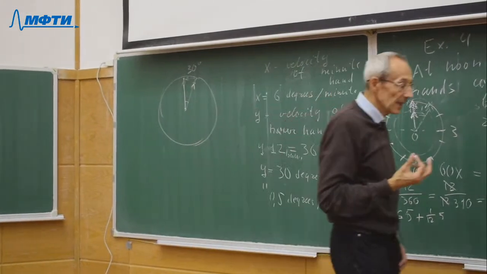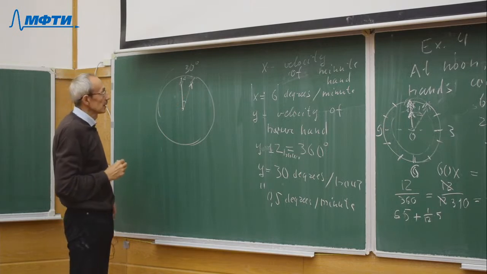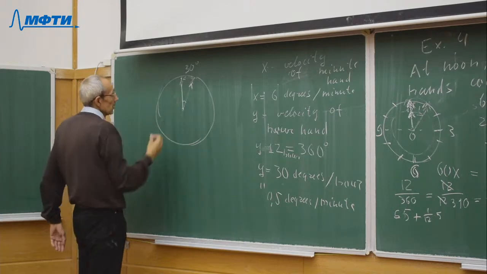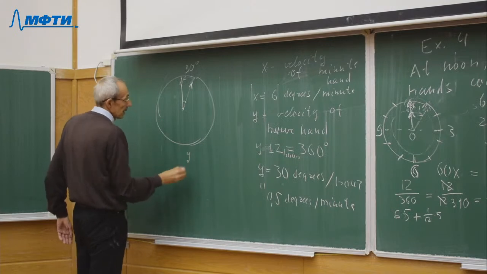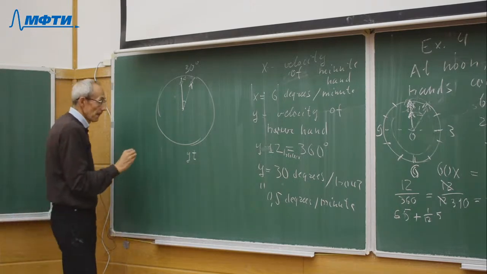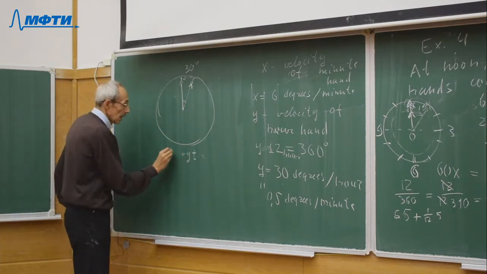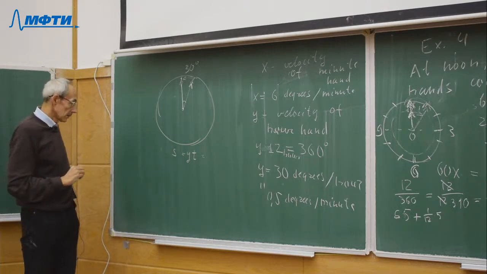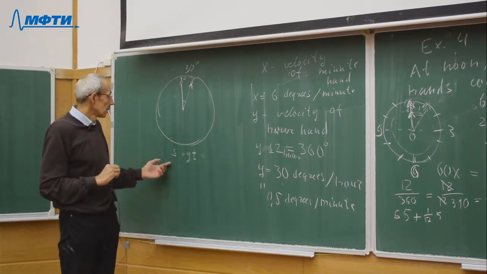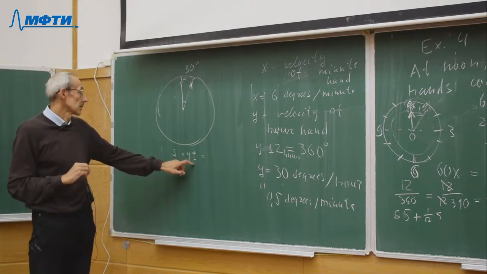Let's calculate the time when the minute hand coincides with the hour hand. The hour hand moves with velocity y, so the way for which the hour hand moves during the time t is y multiplied by t.